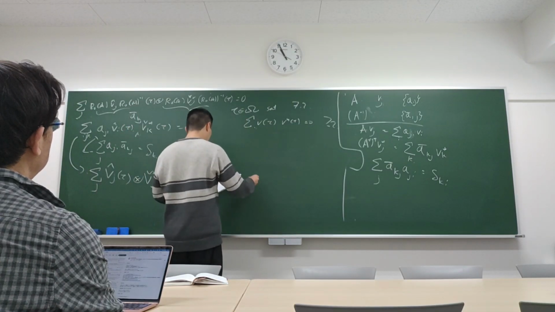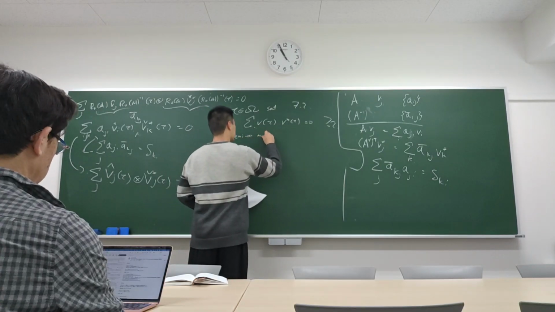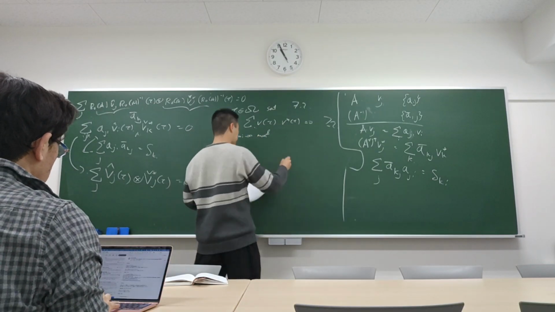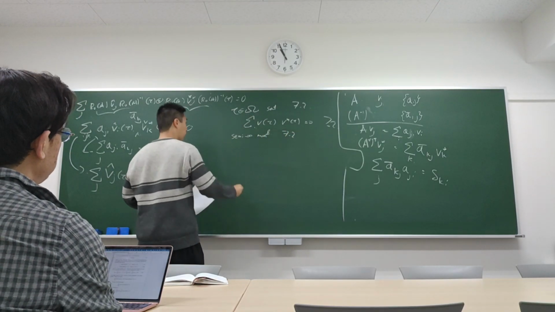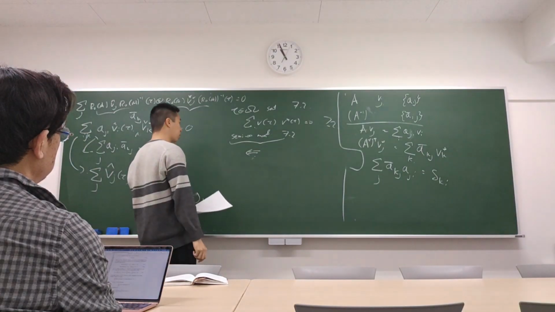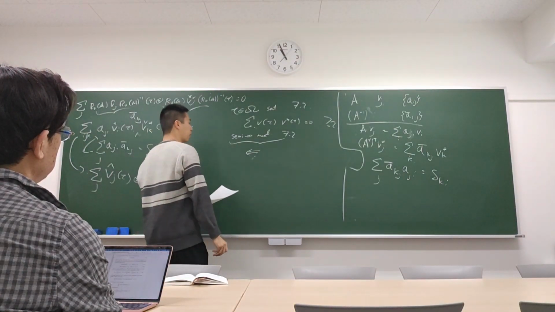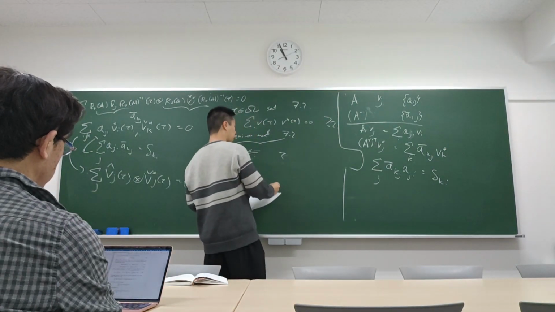Now, in particular, any semi-infinite monomial satisfies 7.2. And the reason why this is important is because for this backward direction, essentially what we're trying to prove is that any tau that satisfies 7.2 must be a semi-infinite monomial.